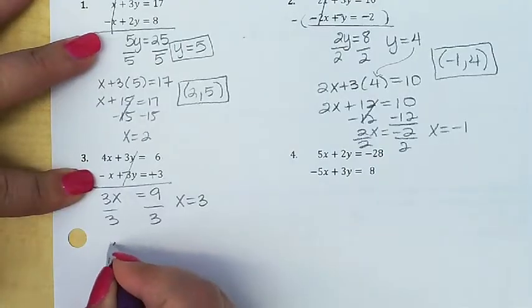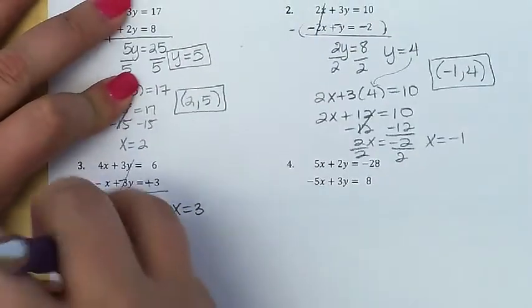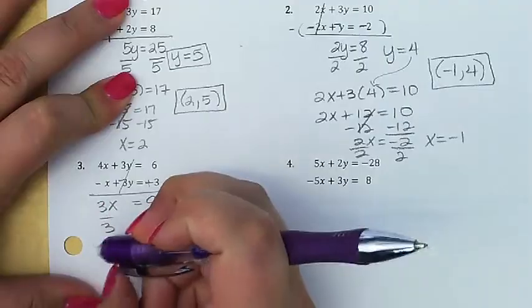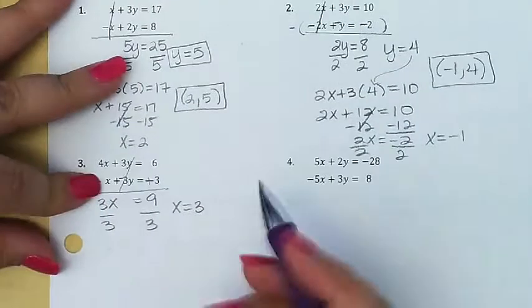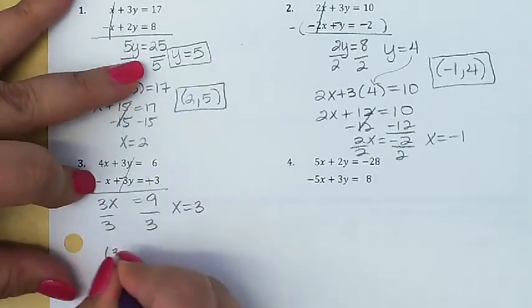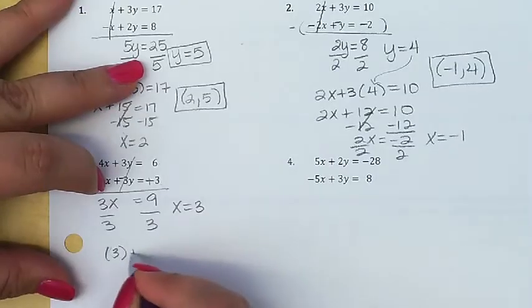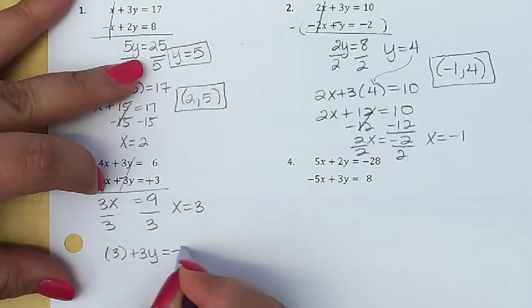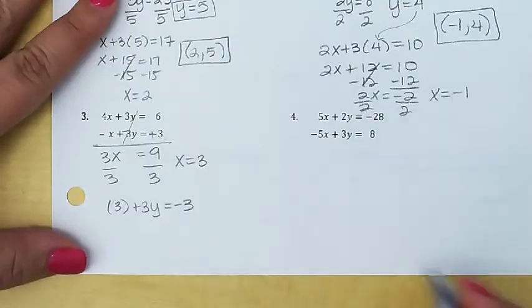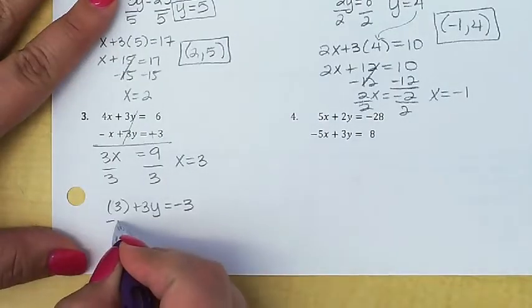The original was x, which is 3. Just kidding. So if I plug it into the original bottom one, it was a +x, which is now going to be a 3, plus 3y is equal to -3. We'll move this.